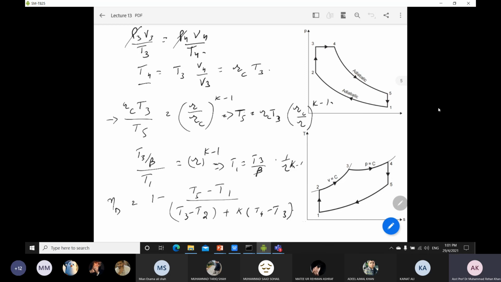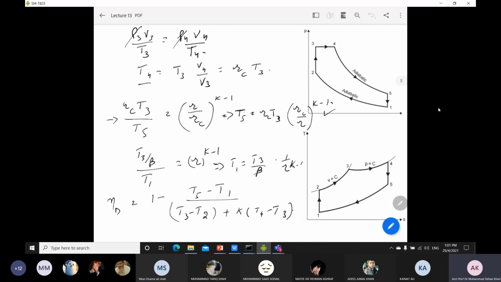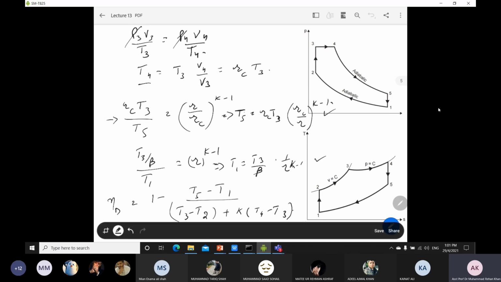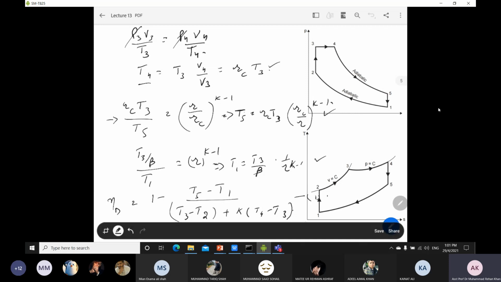Okay, so I have to put all the temperature values which I have already derived, T5, T1, T4 and T2, into equation number 1, so that we can get one equation which is a function of compression ratio, a function of pressure ratio, and also a function of cutoff ratio. So you have to note it down, then I'll move towards the next part.